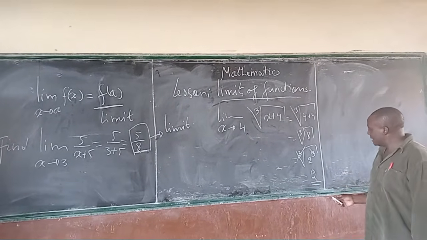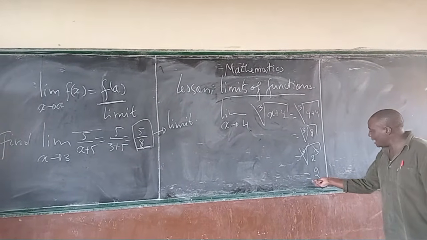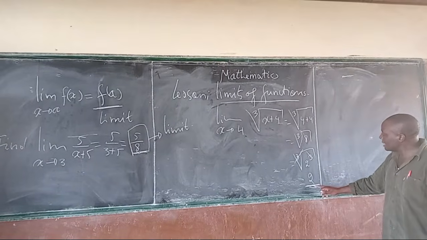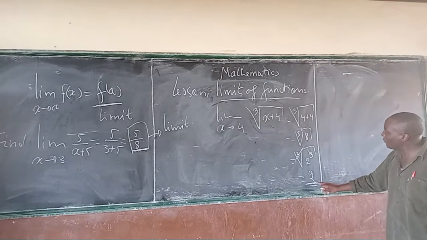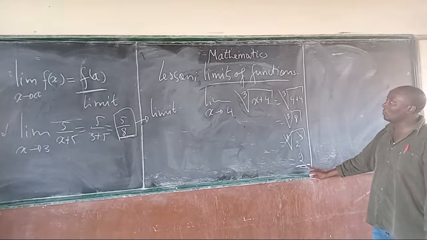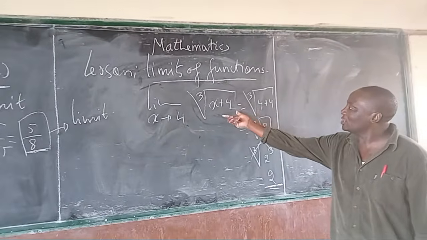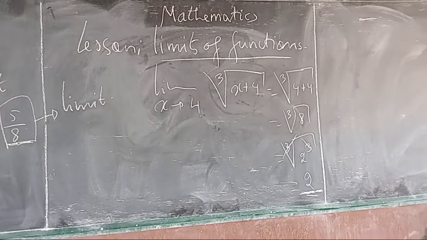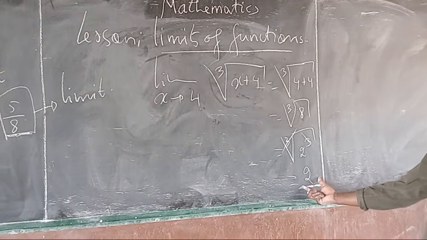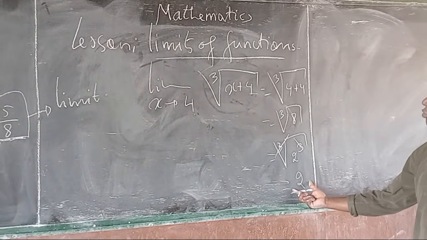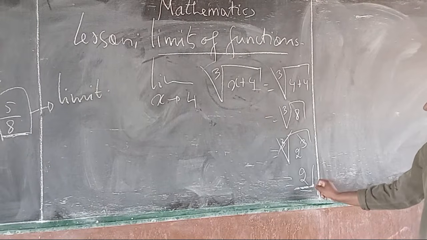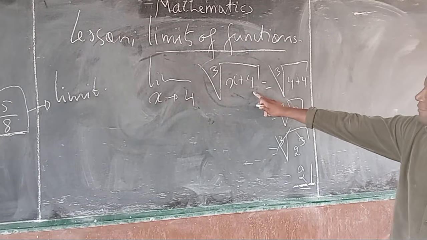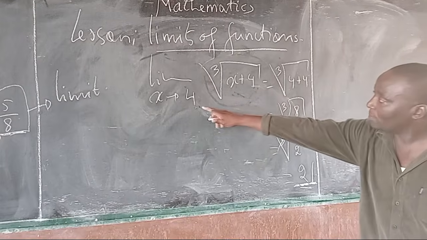Here, teachers, the answer 2 we get here stands for the maximum value of my given irrational function where x approaches 4. This is what we call the limit again. The limit of our given function is 2, where x tends to be 4.